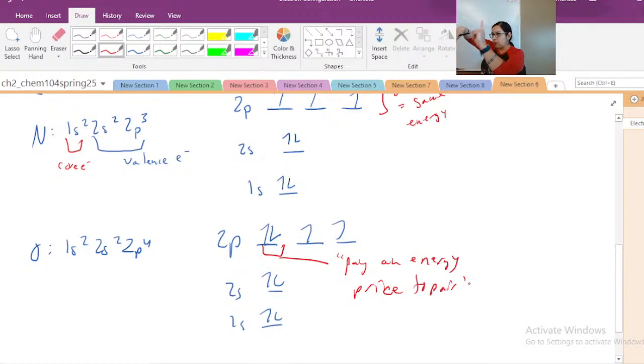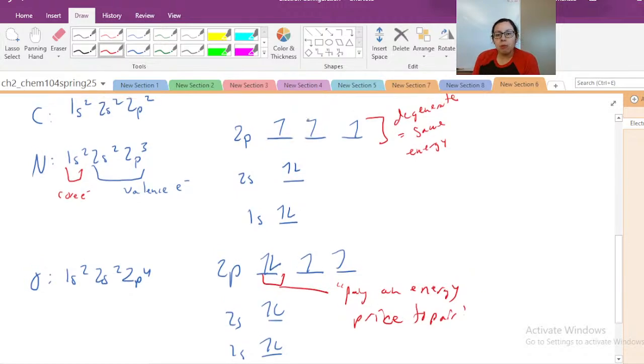You have 2 electrons with opposite spins, you have to force them in the same orbital, and that has a slight energy price. So when you're talking about degenerate orbitals, it is more thermodynamically favorable, aka less energy, to put them in the individual orbitals first before you start pairing them. So that's where the candy rule comes from.